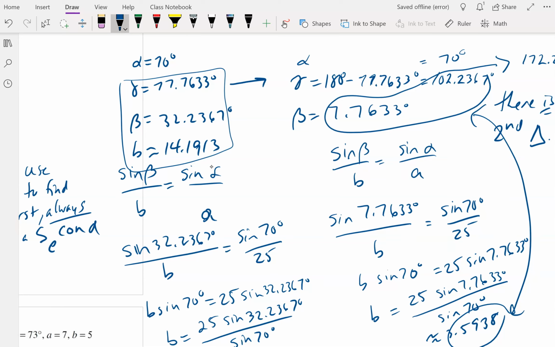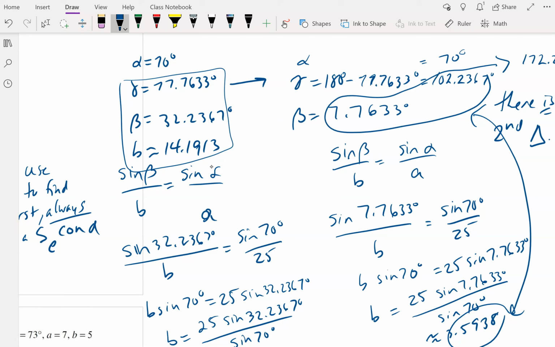So again, the moral of the story on this one is, if you have to solve for an angle when you're using the law of sines, always check if there's a second triangle. The way you should check if there's a second triangle is subtract the angle from 180, add it to your other angle, and see if it works.